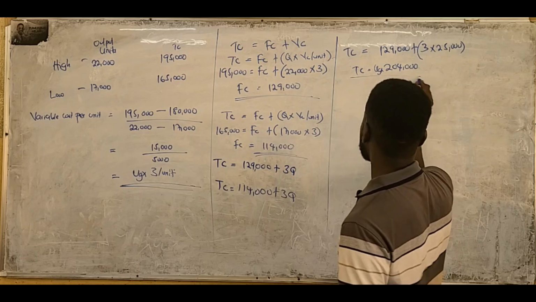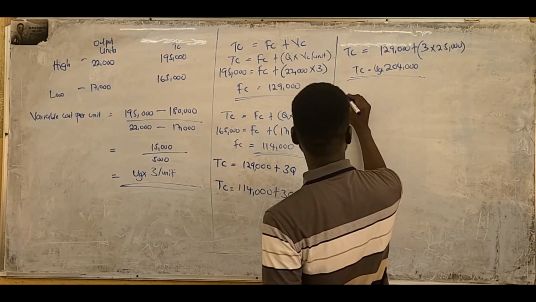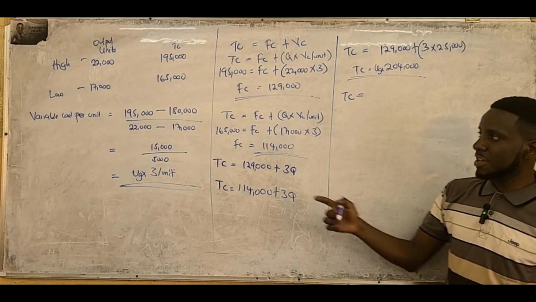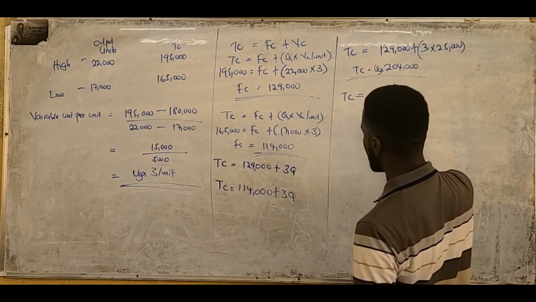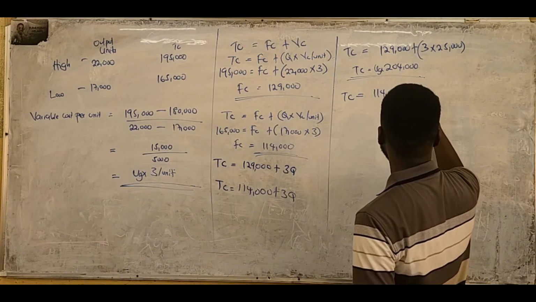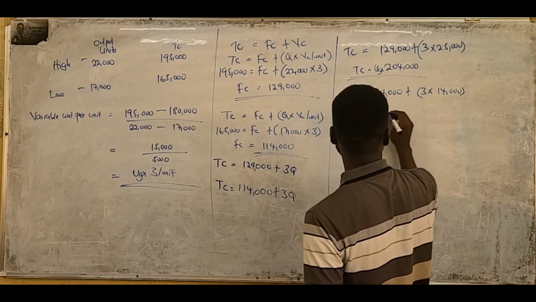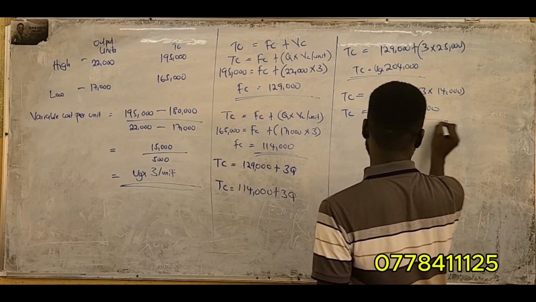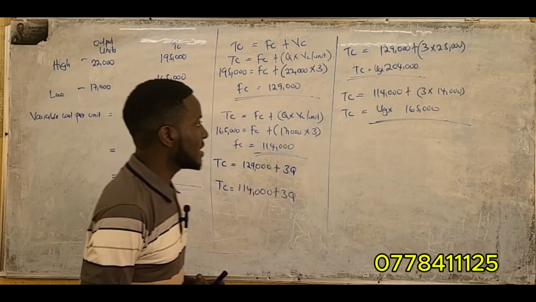Then for the 14,000 units, which fall within this range, we shall have 114,000 plus 3 times the 14,000. Our total cost will be Ugandan shillings 165,000. So, ladies and gentlemen, this is how we have attempted our question.